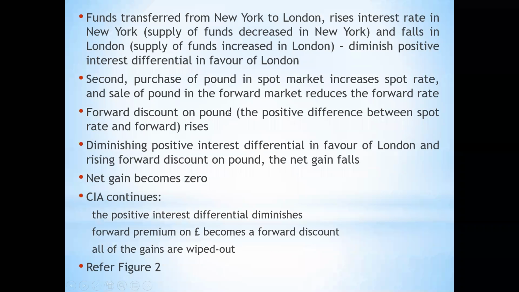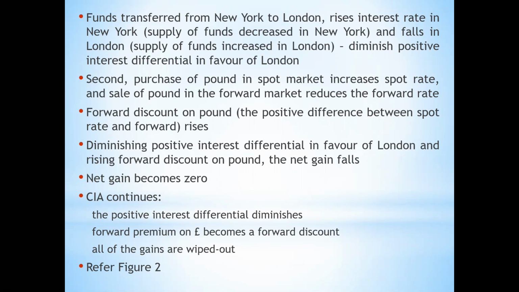Let's move into our discussion again. Now, what actually happened in the London market and the New York market? The fund transfer from New York to the London market raises the interest rate in the New York market. Why? People are trying to borrow from the New York market, therefore demand for loans increases in the New York market.